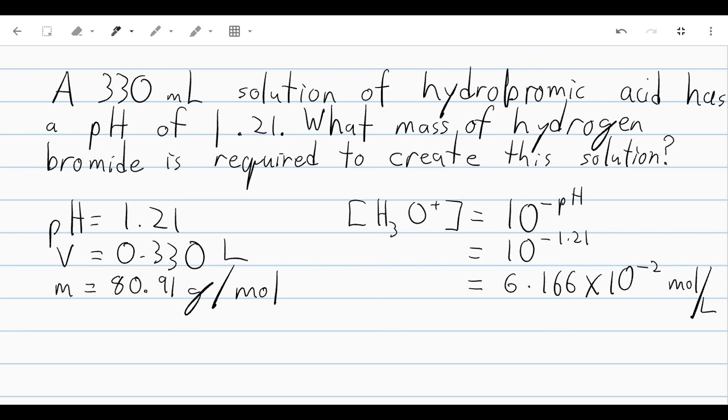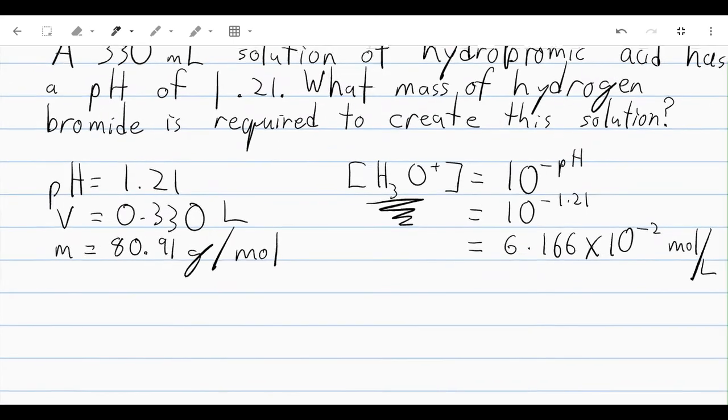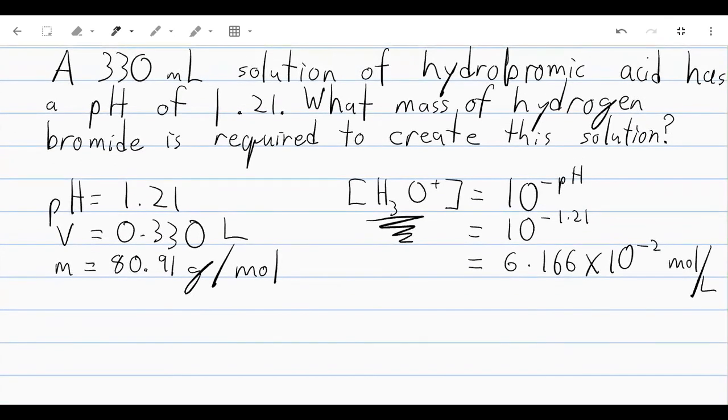Now, you'll notice that what I did is I calculated the hydronium ion concentration here. But what we're actually being asked about is the hydrobromic acid. But because hydrobromic acid is what we call a strong acid, the concentration of the hydronium ions is going to be equal to the concentration of the hydrobromic acid itself.